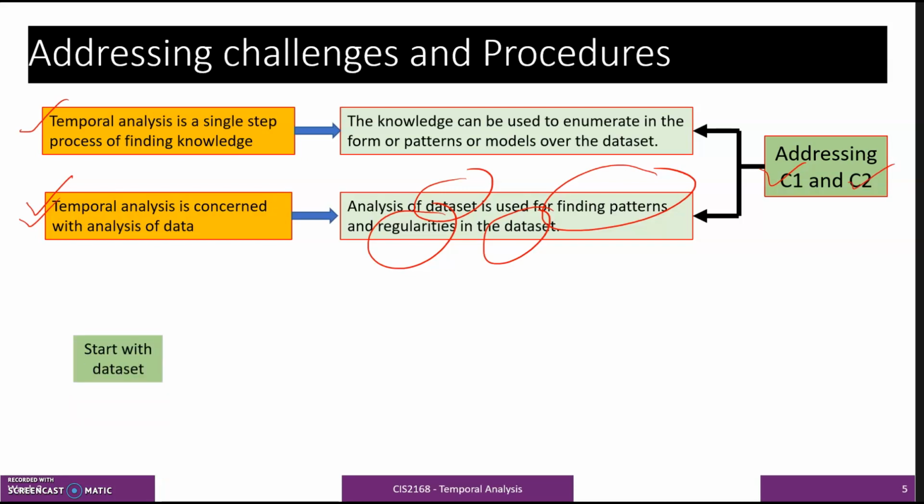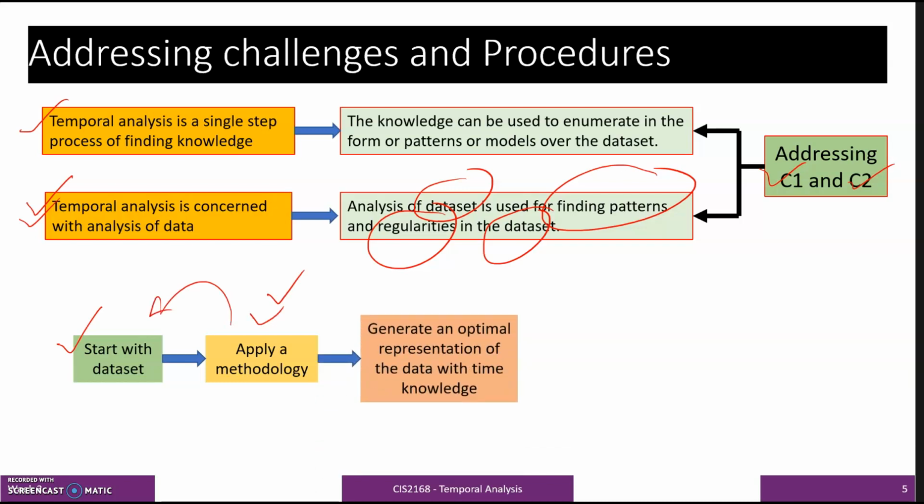In order to perform temporal analysis, first of all we will start with the data set. We have to have a data set, then we'll apply some methodology on this data set, and then after applying the methodology, we'll generate an optimal representation of the data with time knowledge. This representation will contain some information related to date and time.